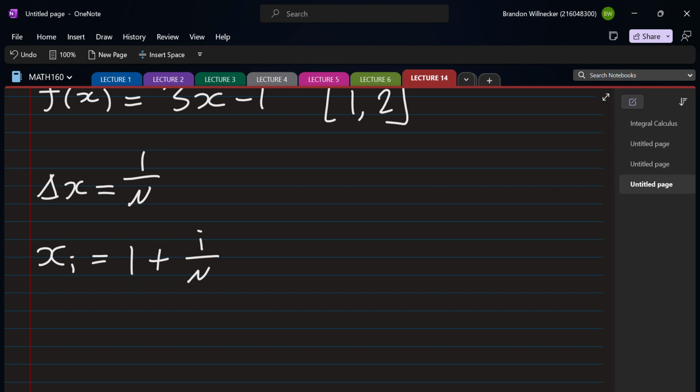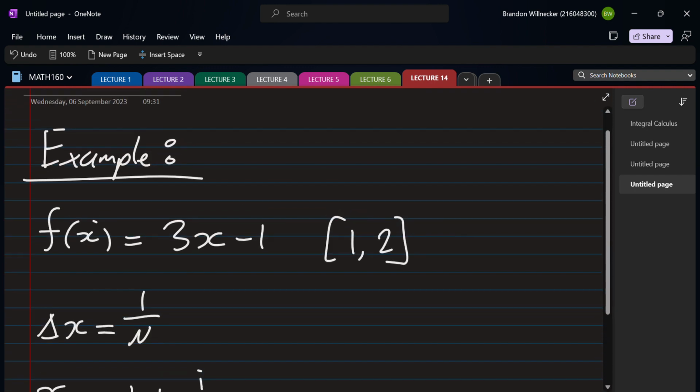Okay, so we have xi is 1 + i over n. Now we need to find f of xi. So f of xi is equal to f, and instead of x we substitute xi.